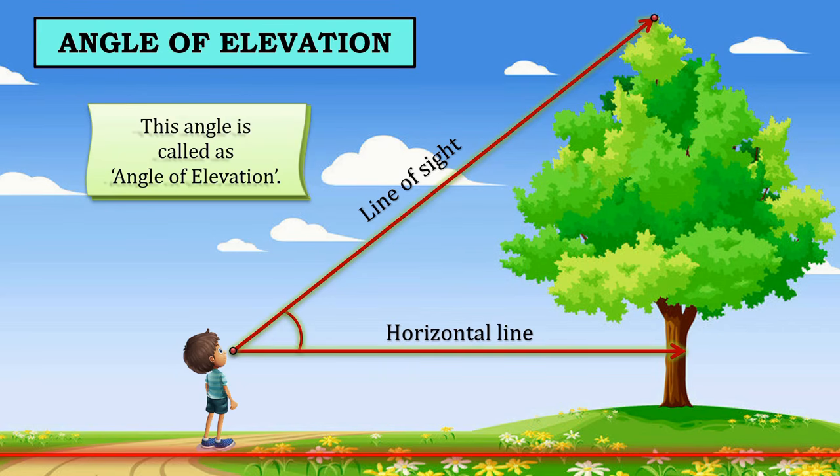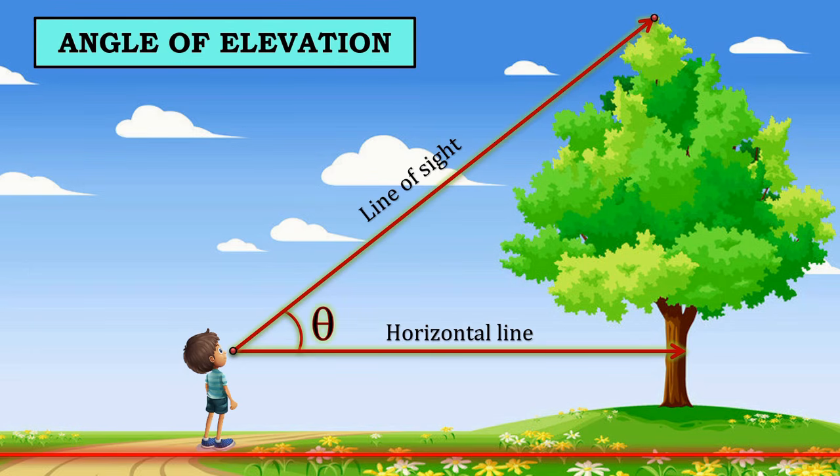In simple words, when we look upward at an object that is above a horizontal line, the angle formed between the horizontal line and the line of sight is called the angle of elevation. So, remember this important point. The angle of elevation is formed when the object is above the horizontal line.